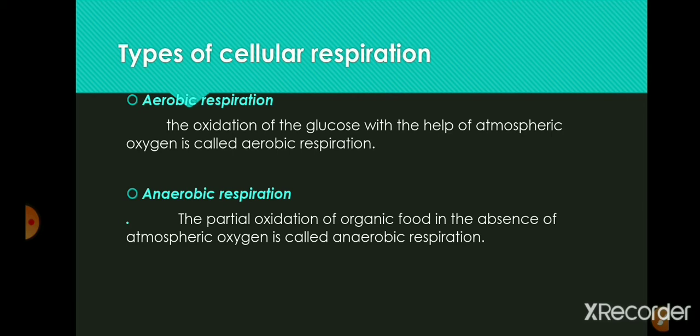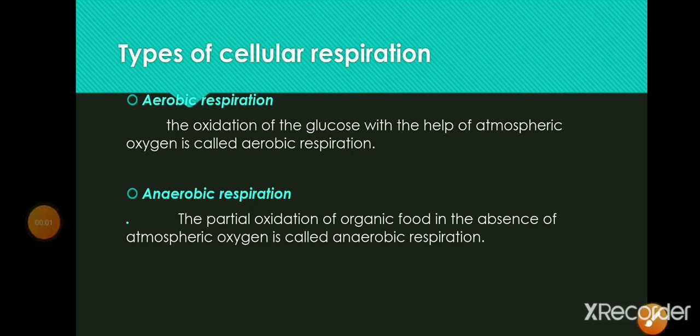Pyruvic acid is then oxidized into carbon dioxide and water by the Krebs cycle and oxidative phosphorylation. Under such a condition, moderate anaerobic respiration occurs and pyruvic acid is reduced to lactic acid. Lactic acid formation takes place during anaerobic respiration whenever our cells don't get enough oxygen, then the cells start anaerobic respiration to produce energy.